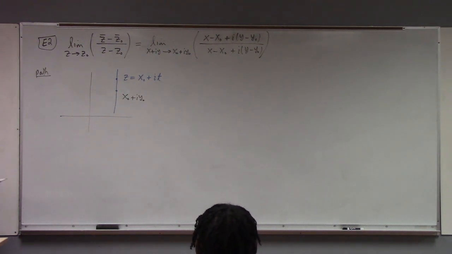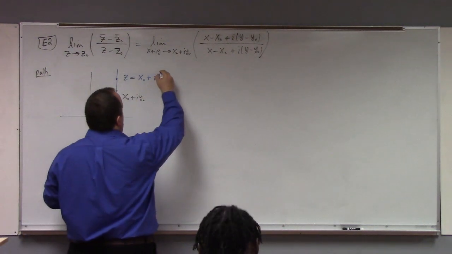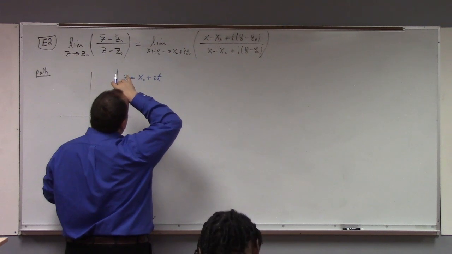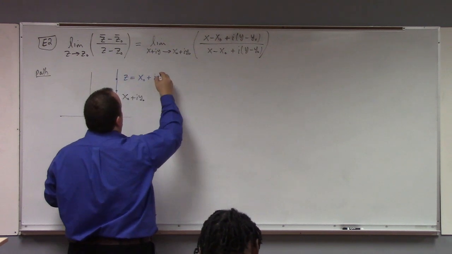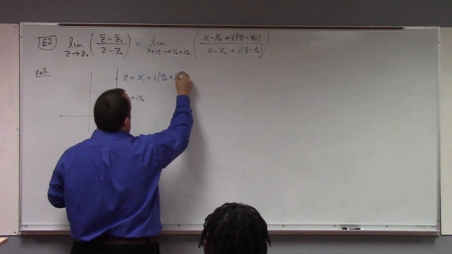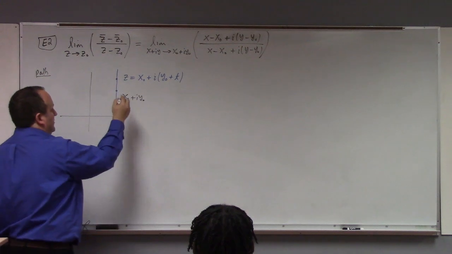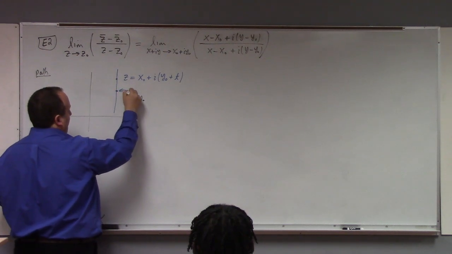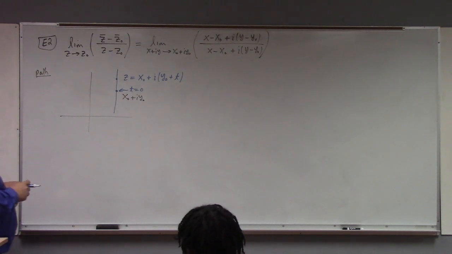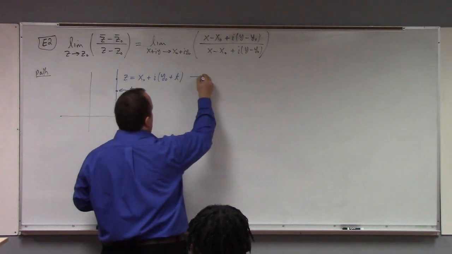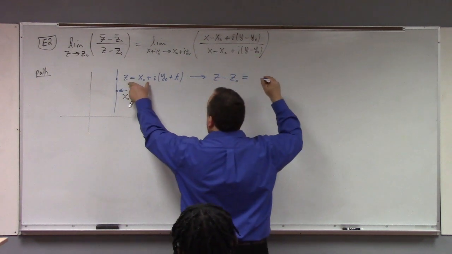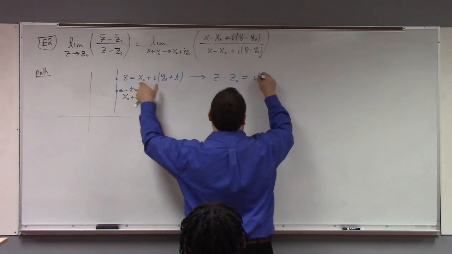Or if you like, I could do y naught plus t, there you go. When t equals 0, we're going through this point right here, right? So if I do that, what is z minus z naught for this path? It'd just be it, right?